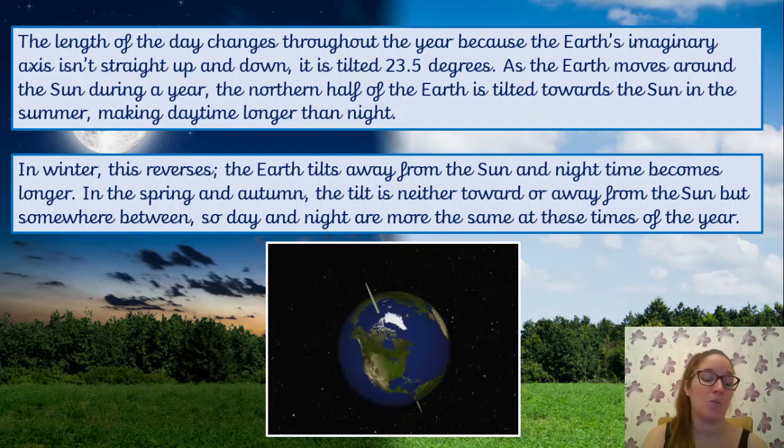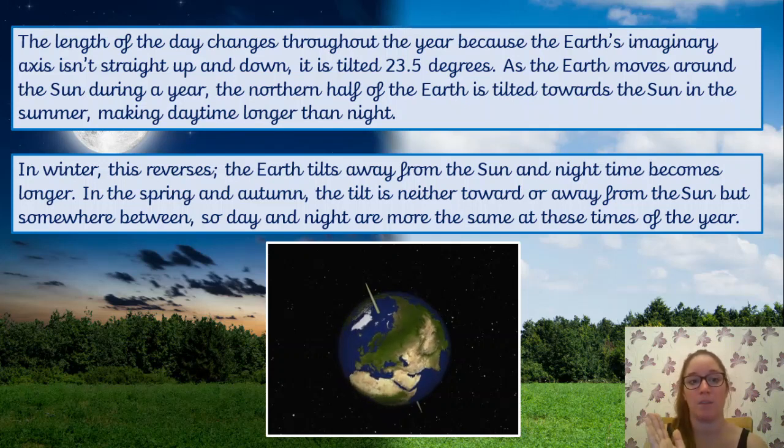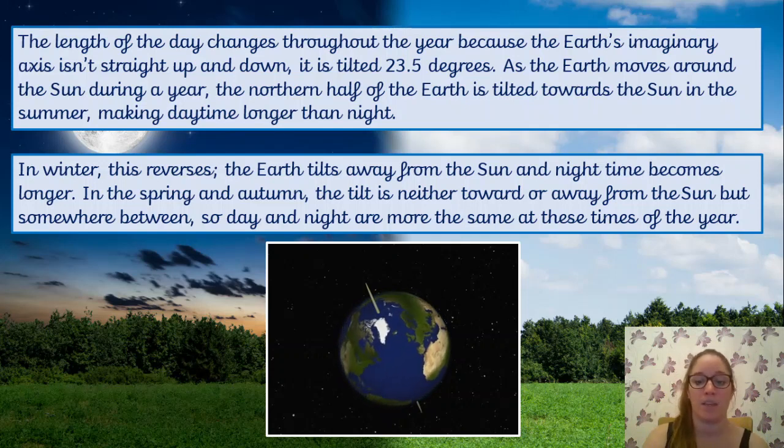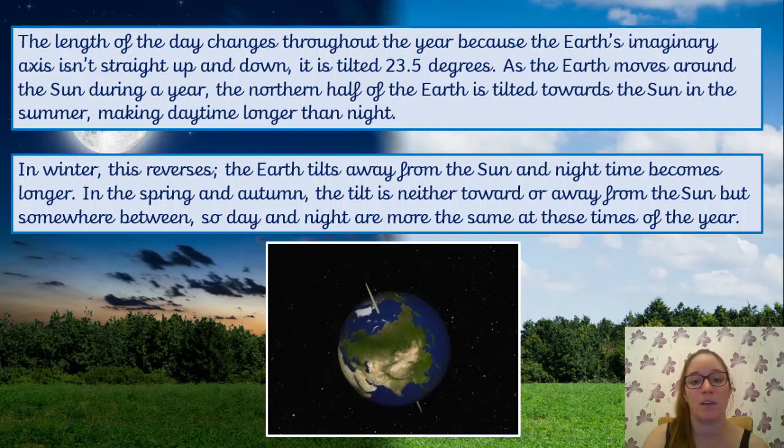In the spring and autumn, because the tilt is neither towards the sun or away from the sun, but a little bit in between, the day and night times are more similar at these times of the year, rather than summer and winter, when there's a definite shorter and longer day.